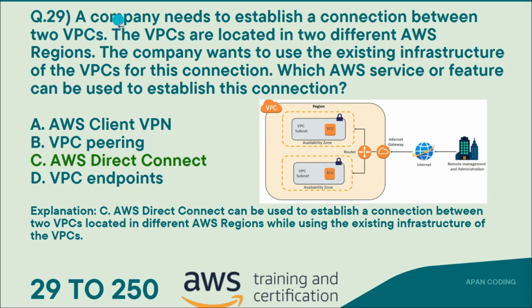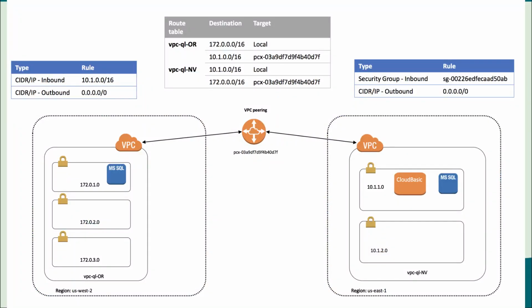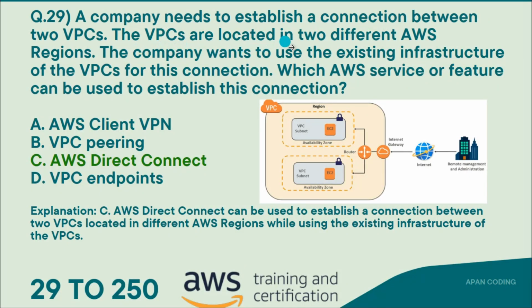Question number 29. A company needs to establish a connection between two VPCs. Here in the picture there is only one VPC, but the question says two VPCs located in two different AWS regions. The company wants to use the existing infrastructure of the VPCs for the connection. Which AWS service or feature can be used to establish this connection?